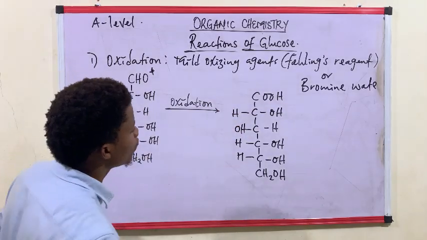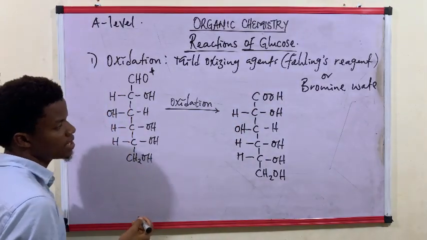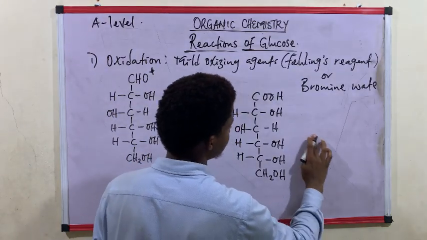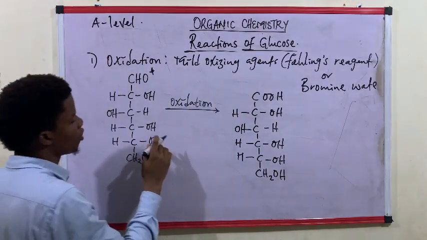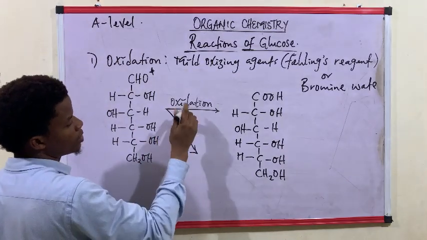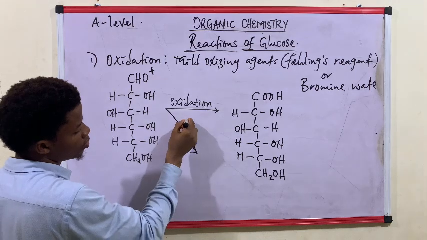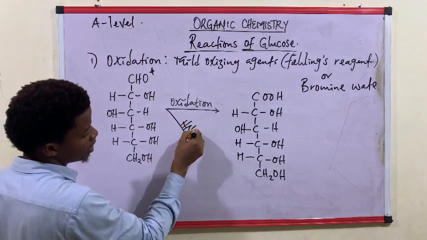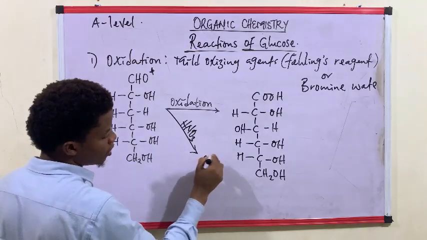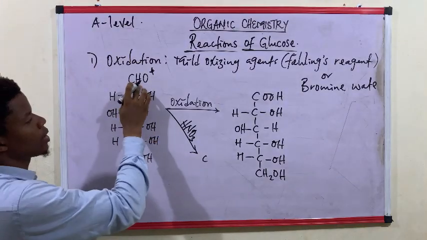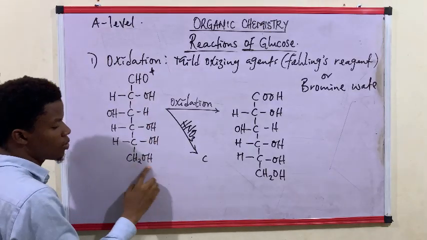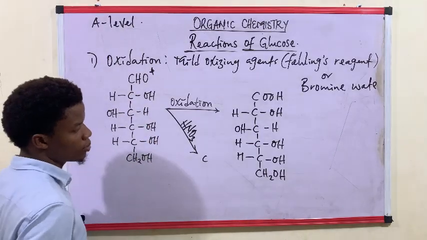Then, however, using strong oxidizing agents, all right? Using strong oxidizing agents like nitric acid, HNO3, what will happen is that this carbonyl carbon will be oxidized to a carboxylic acid, and this other end will also be oxidized to a carboxylic acid.